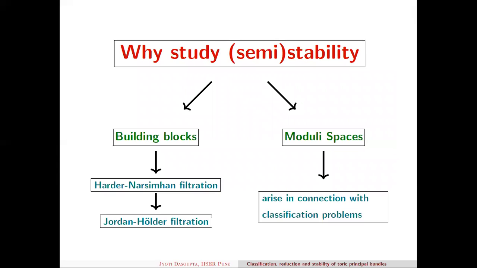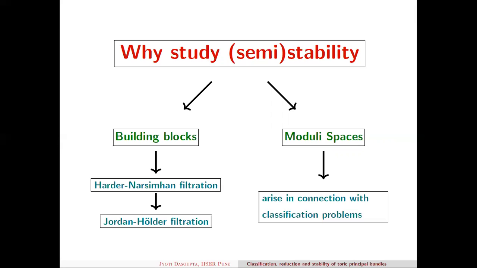But before that, let us first understand why one would be interested in studying semi-stability or stability. One way to look at it is that they come as building blocks of torsion-free sheaves, because for any torsion-free sheaf, there is a canonical increasing filtration by torsion-free sheaves, such that its successive quotients are semi-stable torsion-free sheaves.